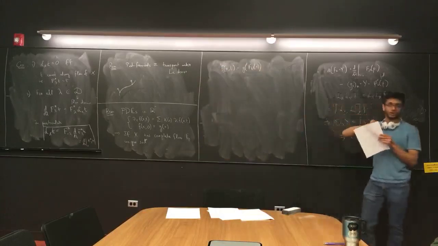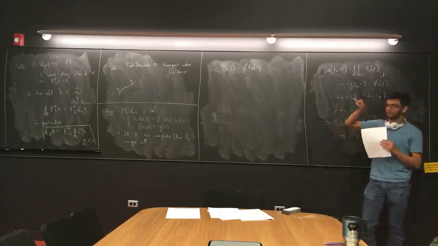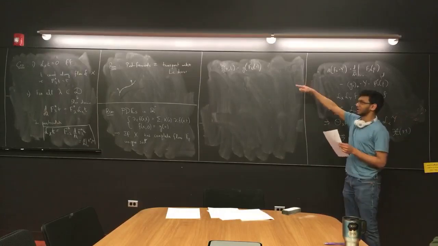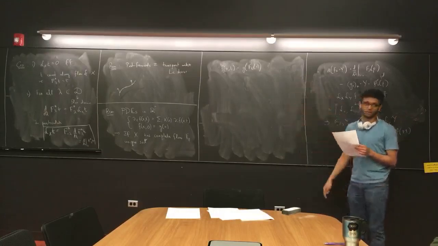So you push the point forward under this flow for time t and then evaluate g at that point. And one can check that this solves the differential equation just by direct substitution.